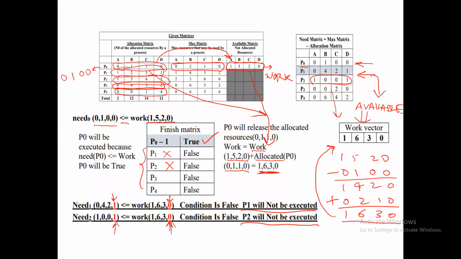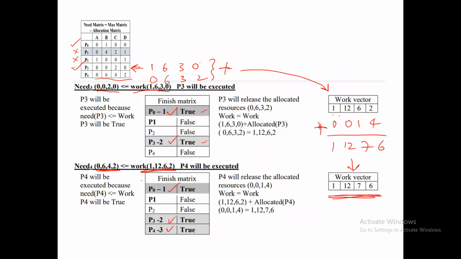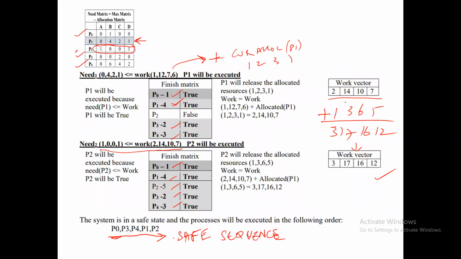And suppose we went on with P1, then it would obviously lead to a deadlock, P1 or P2. So we tried to avoid the deadlock by not allotting P1 and P2 early. Instead, after P0, we went for P3, and then P4, and then followed by P1 and P2. So that sums up the banker's technique for avoiding deadlock. Hope you understood this.